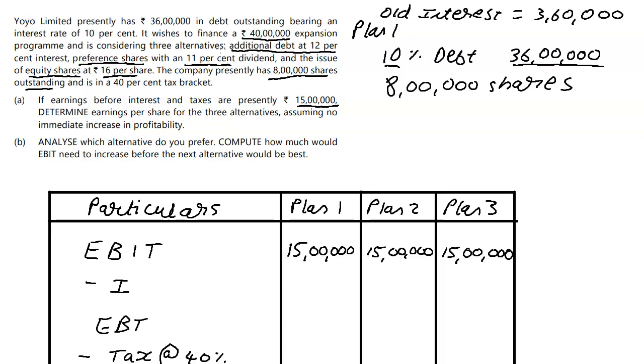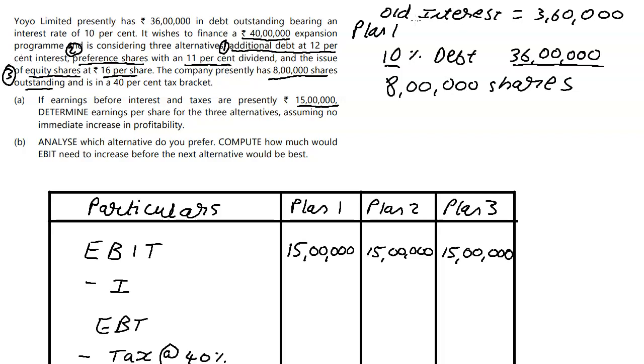Let me label it now itself. So we have alternative 1, which is your debt. Alternative 1 is additional debt. Alternative 2 is preference shares, and alternative 3 is equity shares.